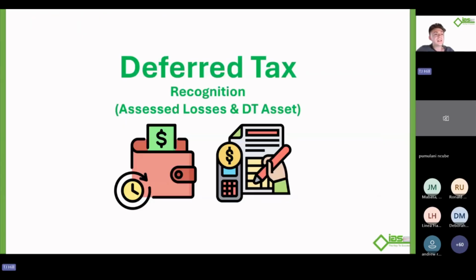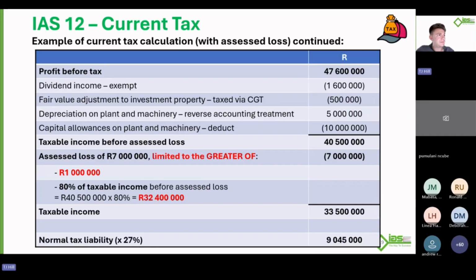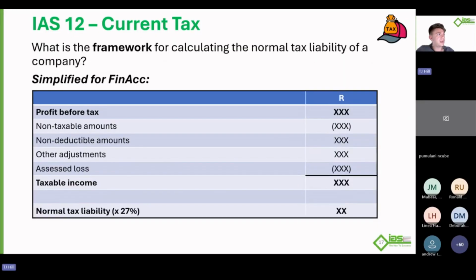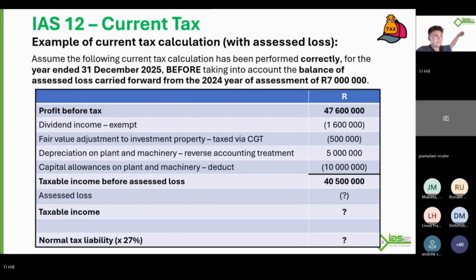Okay, the next question is, what if I can carry it forward next year? Is that not then an asset to me from an accounting perspective? So remember, we just said in 2024, last financial year, we had 7 million, right?